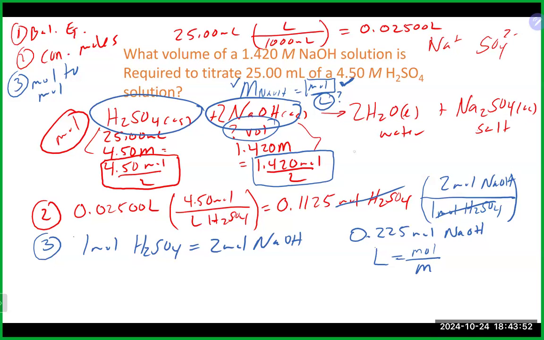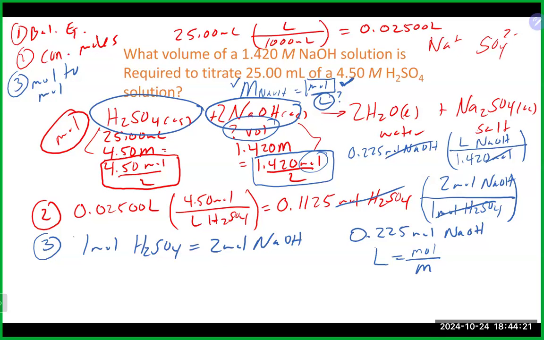So I'm going to take my 0.225 moles of sodium hydroxide. I'm going to use my molarity of the sodium hydroxide as a conversion factor. This, again, is where you don't have to worry about rearranging the equation. All you have to remember is opposites, which means moles need to go on the bottom to cancel. So 1.420 moles per liter of sodium hydroxide. The moles cancel.